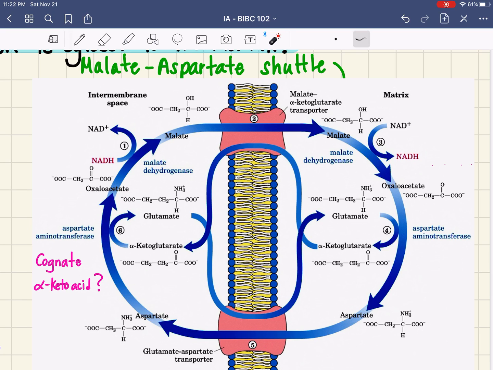Also notice that alpha-ketoglutarate from here can cross through the same transporter and be here, and then glutamate can cross through this transporter and be here. That is why this transporter is called malate alpha-ketoglutarate transporter, because it transports malate and alpha-ketoglutarate. And this one is named glutamate aspartate transporter because it transports aspartate and glutamate.